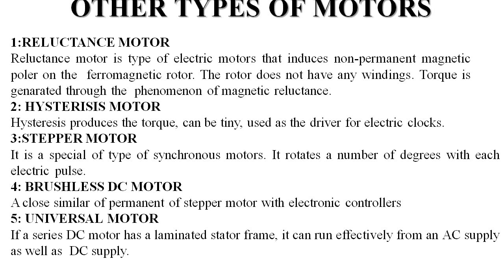And last is the universal motor. If a series DC motor has a laminated stator frame, it can run effectively from an AC supply as well as a DC supply. That's why it is called a universal motor.